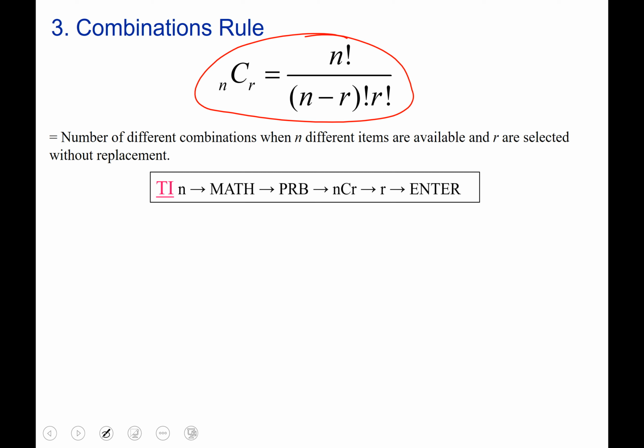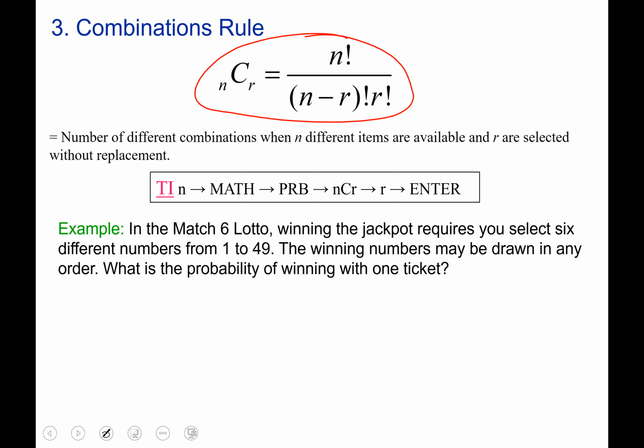It's actually found in the same place. You'll do n, total number of objects, math, go over to probability, scroll down to NCR, enter R, that'll be the number of items you're actually going to choose, which could be all of them, as you guys just saw, and then you'll run that program. And it'll most often give you the denominator necessary for a probability question.